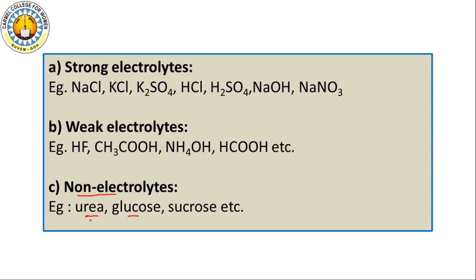Our solute will be urea and our solvent will be water. So when you dissolve urea in water, urea does not dissociate to give us ions. Such types of compounds are called non-electrolytes.